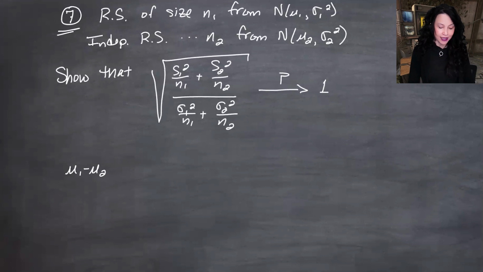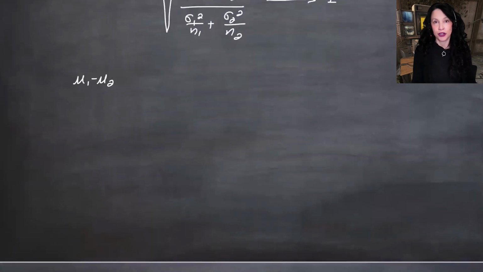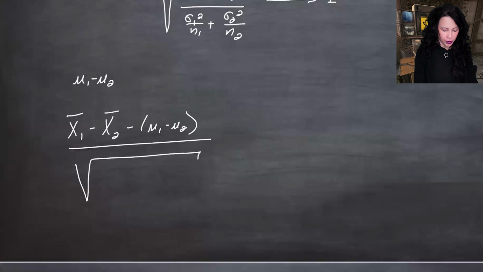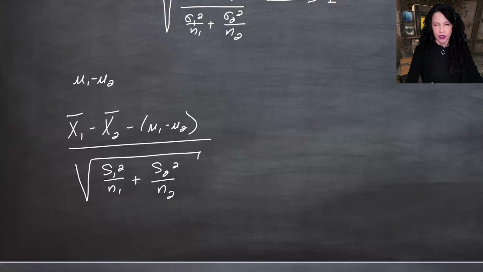And the reason is, well, because they're good estimators, but more formally, if we're looking at the pivotal quantity, x1 bar minus x2 bar minus mu1 minus mu2, over the square root of s1 squared over n1 plus s2 squared over n2, I said it's approximately normal 0, 1.